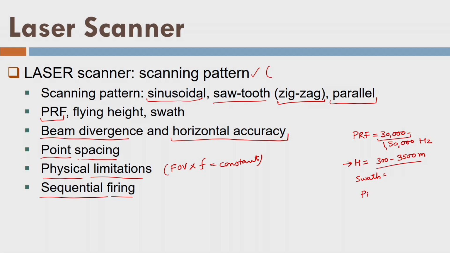So, if we increase the flying height, each pulse will take more time to travel through the space, and so automatically the number of pulses fired in 1 second, or my PRF, will be less. So, I can say that PRF is inversely proportional to flying height.